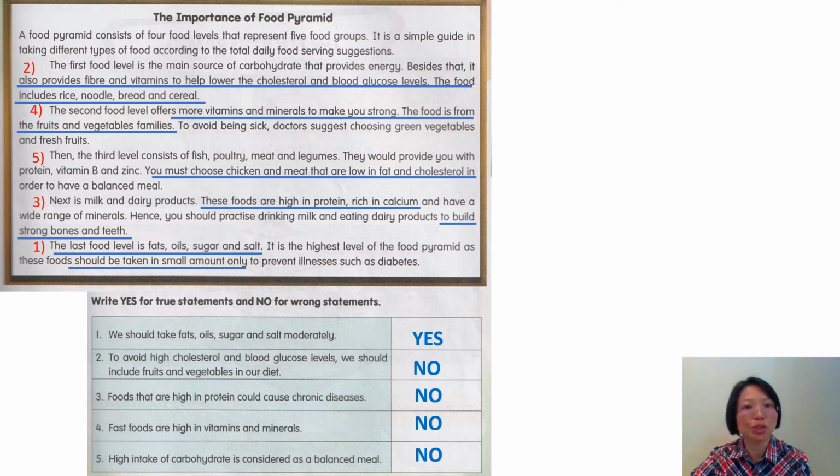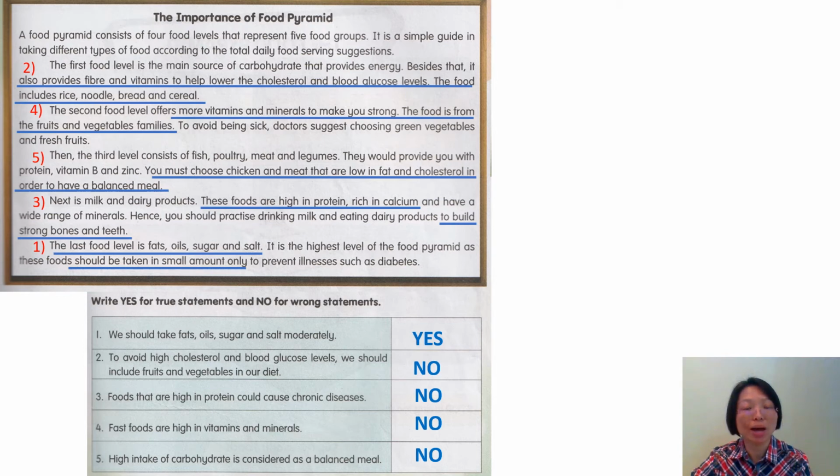You must choose chicken and meat that are low in fat and cholesterol in order to have a balanced meal. So if we want to have a balanced meal, then we must choose chicken and meat which provide us protein, vitamin B and zinc.